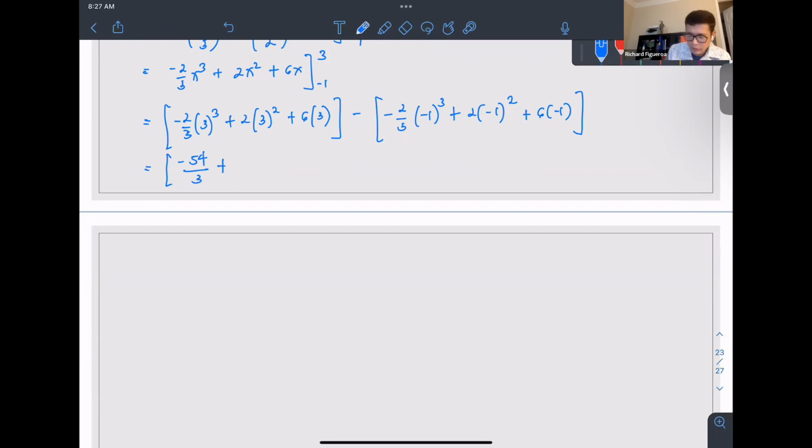Then we have 3 squared, which is 9 times 2, that's 18. And 6 times 3 is 18. Minus negative 1 raised to 3 is negative 1 times negative 2/3. That makes it positive 2/3. And then negative 1 squared is positive 1 times 2. That makes it positive 2. And 6 times negative 1 makes it negative 6.